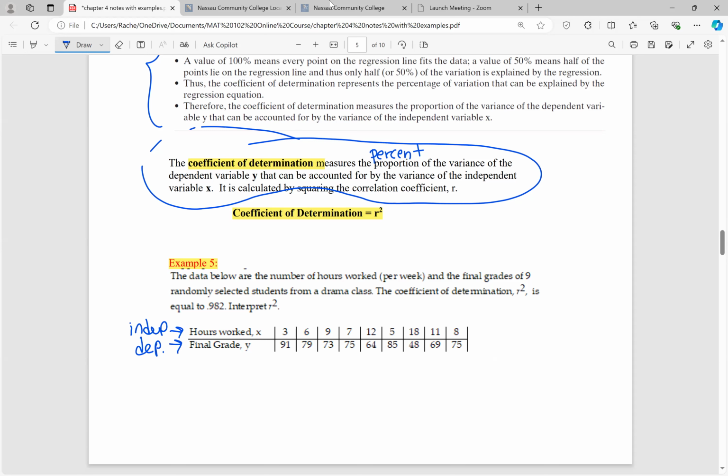It makes sense because we would expect the final grade to depend on how many hours a student works per week, not the other way around. So if R squared is equal to 0.982, we can write that as a percent. Remember, we multiply the decimal by 100, so we get 98.2%.